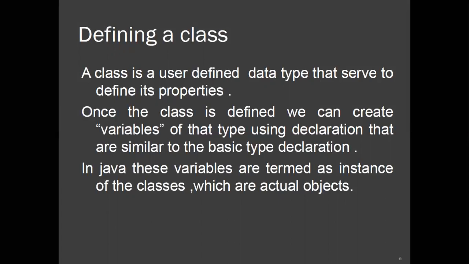So once a class is defined, we can create variables of that type using a declaration similar to the basic type declaration. In Java, these variables are termed instances of the classes, which are actual objects.